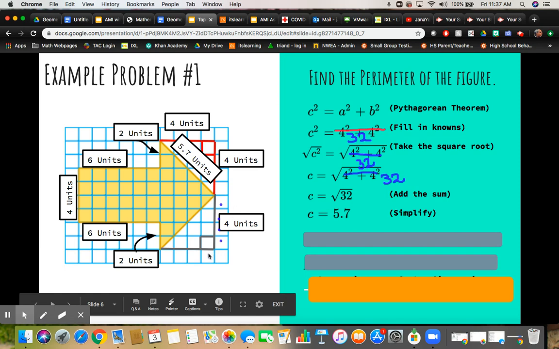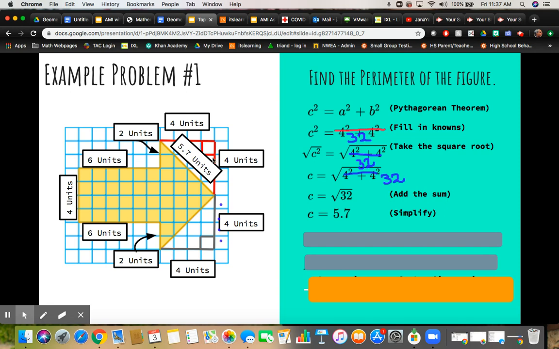But what about this right here? It's 1, 2, 3, 4. Well, if this side and this side is 4, and on this top triangle that we looked at, we had 2 sides that were 4, well, wouldn't this diagonal just be the exact same measure of this diagonal? I think so. So I'm just going to say it's 5.7 units as well.